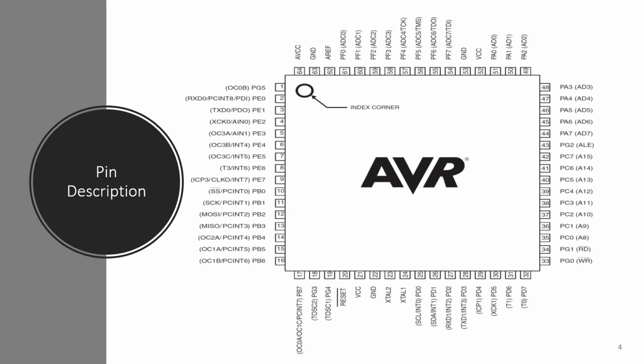All the port output buffers have symmetrical drive characteristics with both high sink and source capability. The port pins are externally pulled low and will source current if the pull-up resistors are activated. The port pins are tri-stated when a reset condition becomes active, even if the clock is not running.